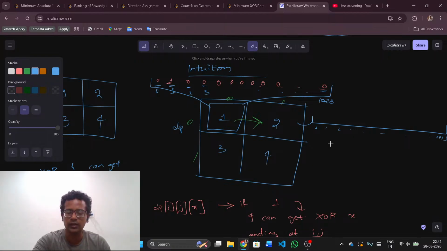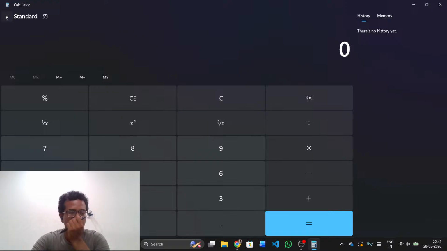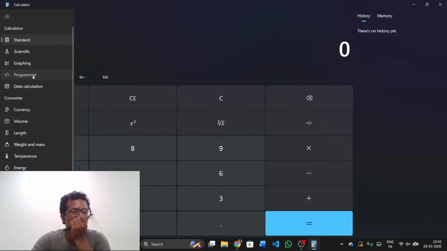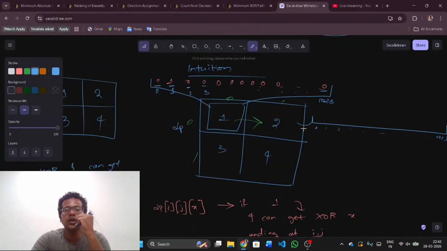Let me go to the calculator. 1 XOR 2 will give me 3. So here only 3 will be true, nothing but 1. All others will be zeros.